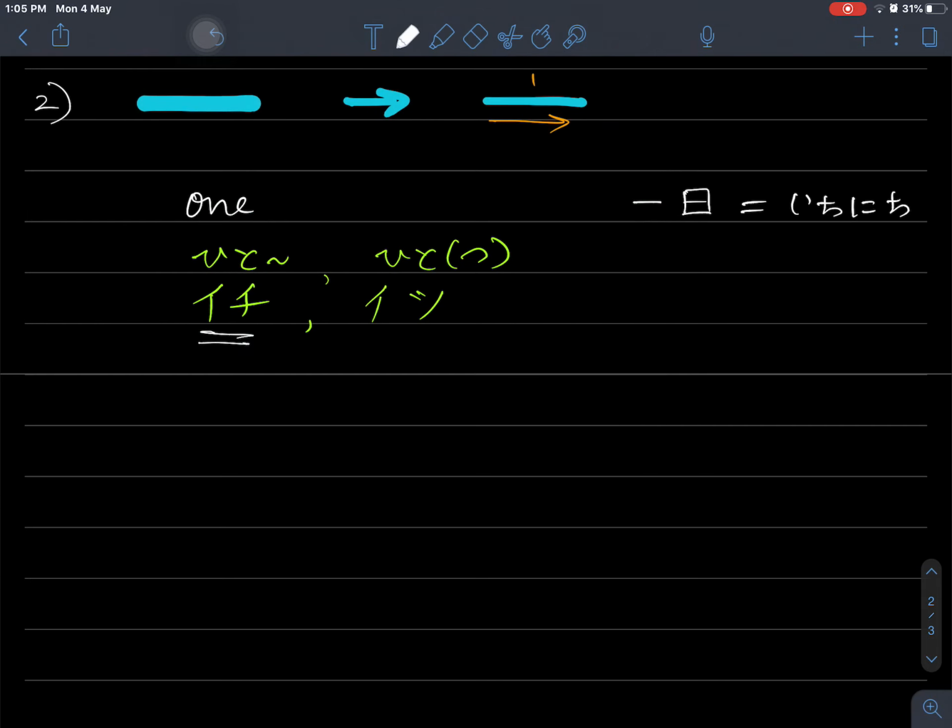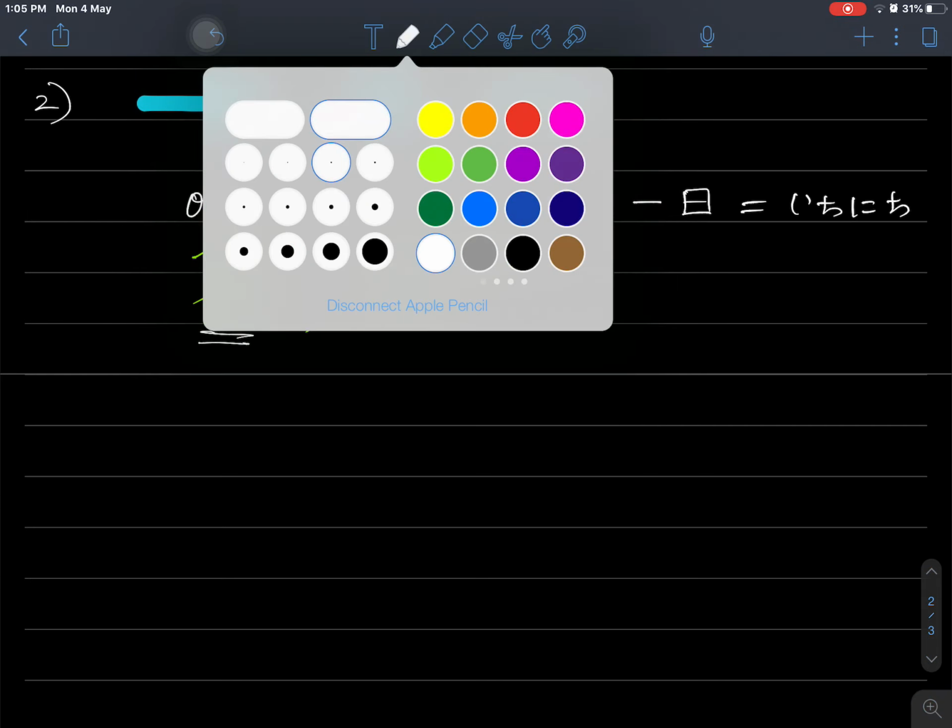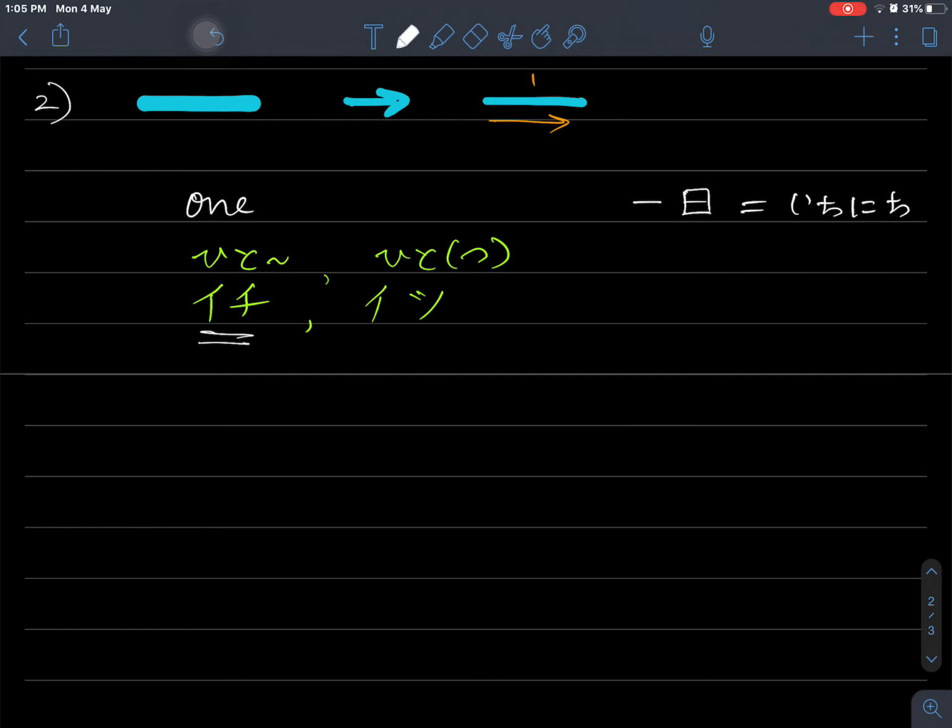So again, an example similar to something we saw in the previous one. I hope you can guess what this is. This is a repetition, the repeat mark, which means this kanji repeats itself.